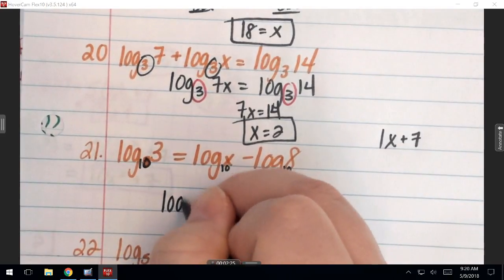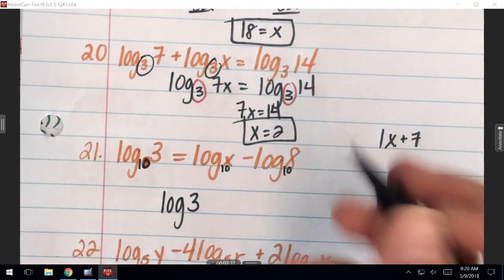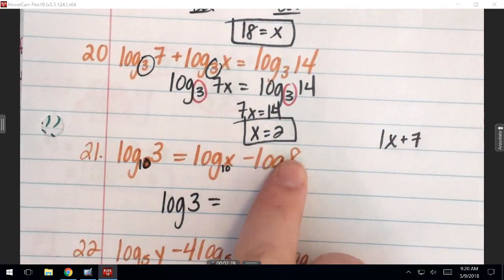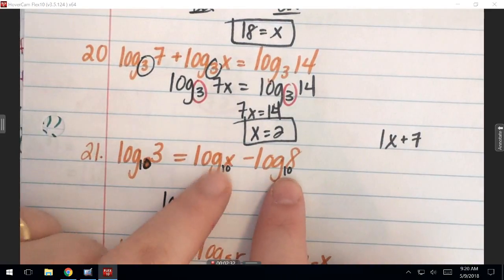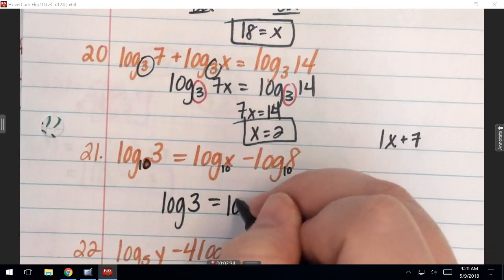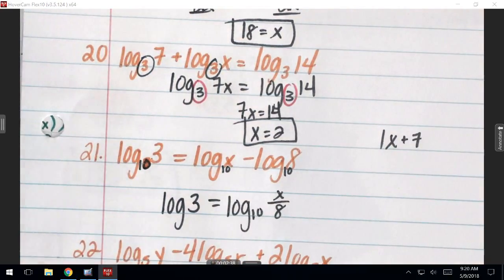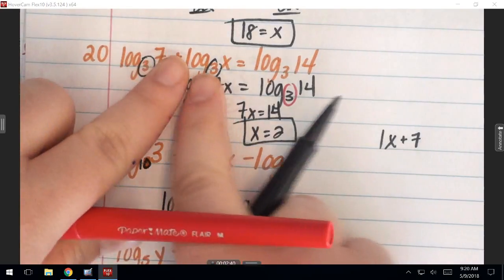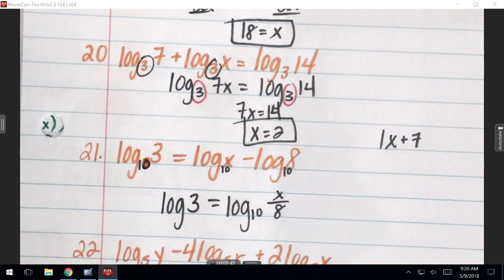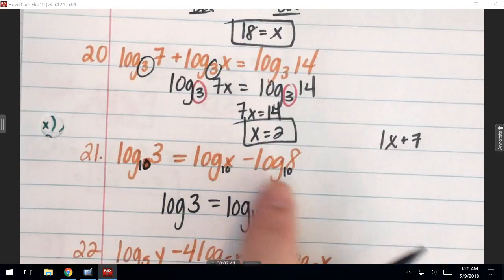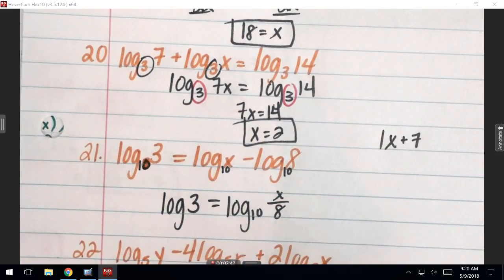So it's log base 10 of 3 equals log of x minus log of 8, and they have the same base, so really it's a division, so it's log base 10 of x divided by 8. So if 2 logs have the same base and they're added, we can multiply the terms inside. If 2 logs have the same base and they're subtracted, we divide.